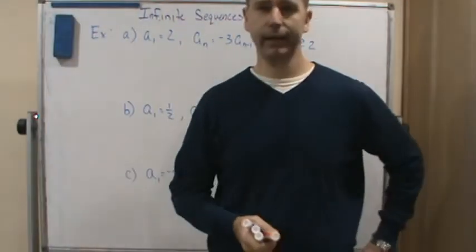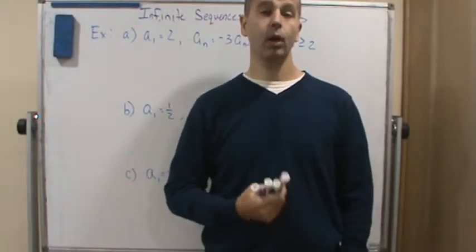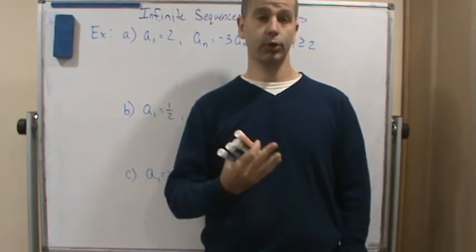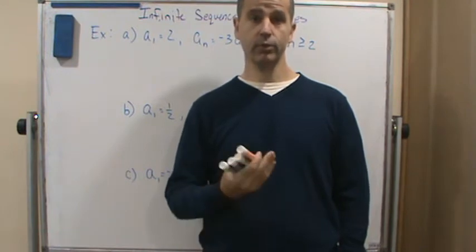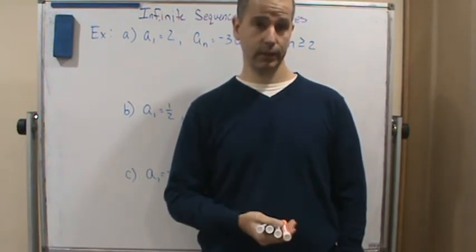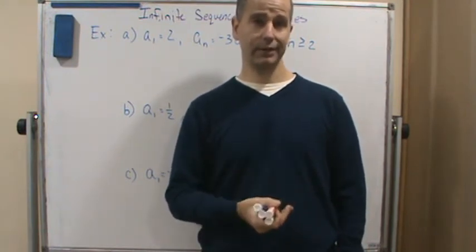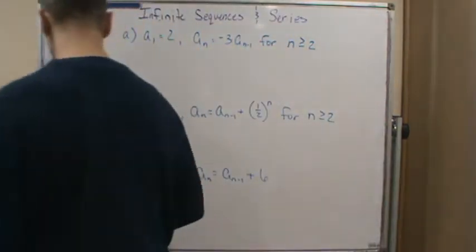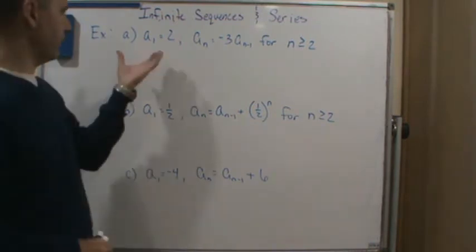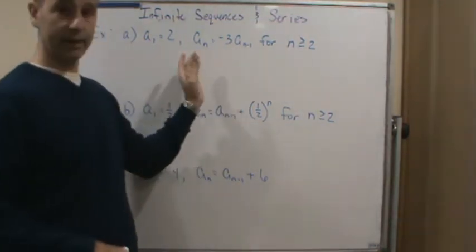Okay, so welcome back, and now in this example we're going to look at some recursive recurrence relations, so some sequences that are defined recursively, and we're going to use that information to find an explicit formula. So let's start. In the first example we've got this sequence defined as follows.